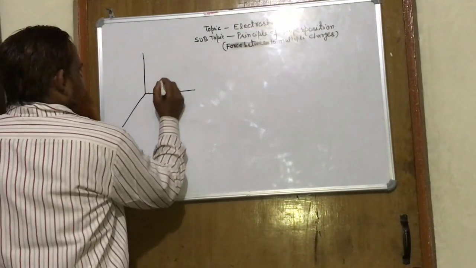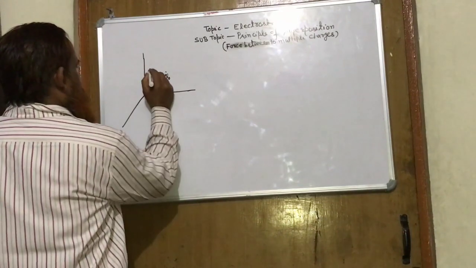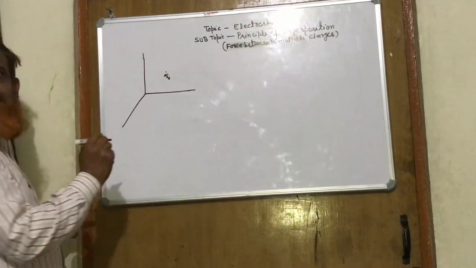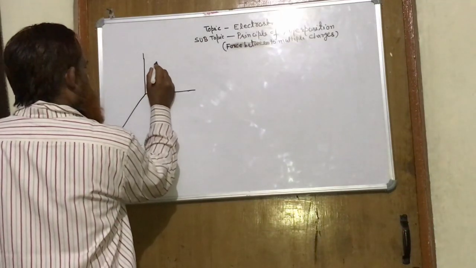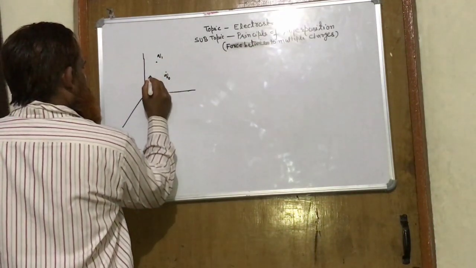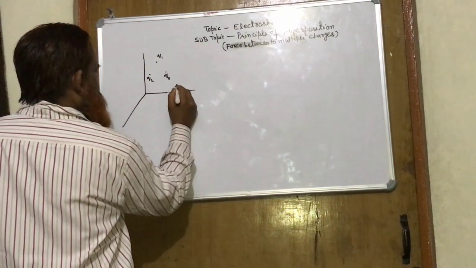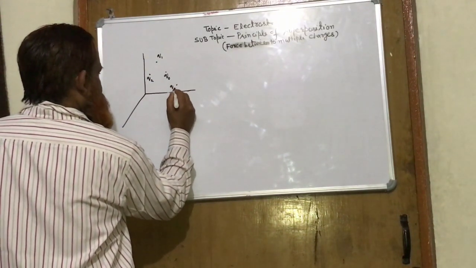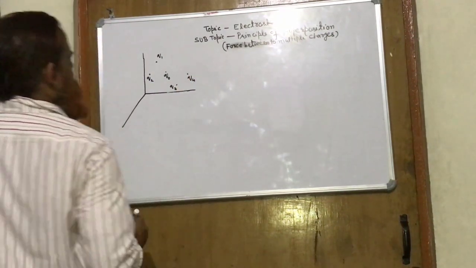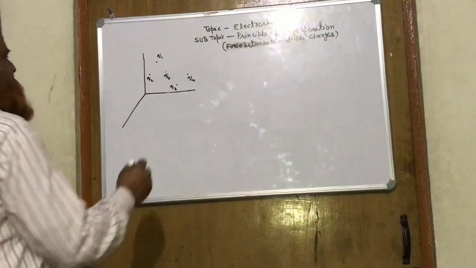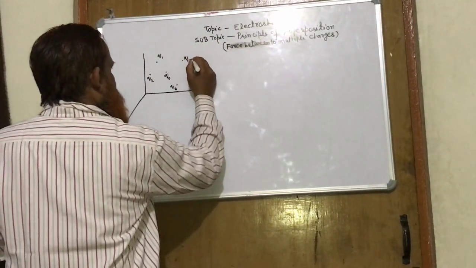Here I am taking one charge Q naught, and other charges Q1, Q2, Q3 and Q4, and we can take Qn in the same way.